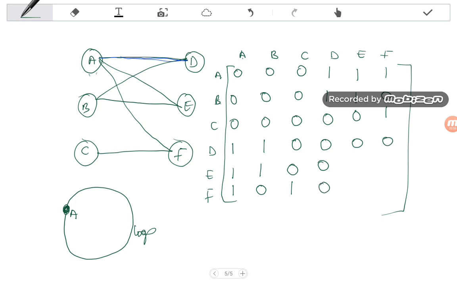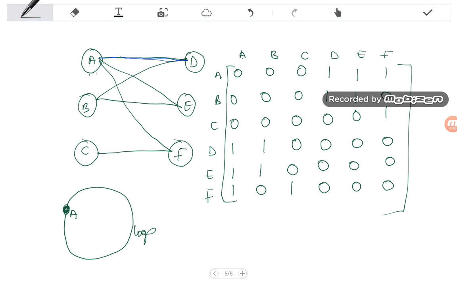Then we go to E. E to E, there's no loop, I have 0. E to F, there is none, so I have 0 here, therefore 0 there. Now we're left with F to F, there's no loop in our system, so I'm going to have a 0 here. Now this is what is known as the adjacency matrix that represents this network.